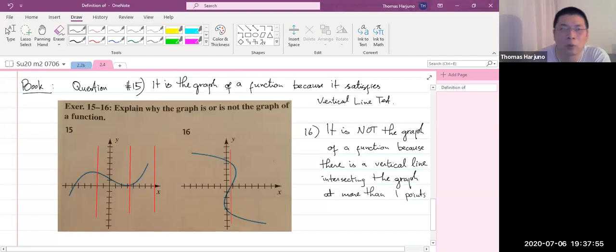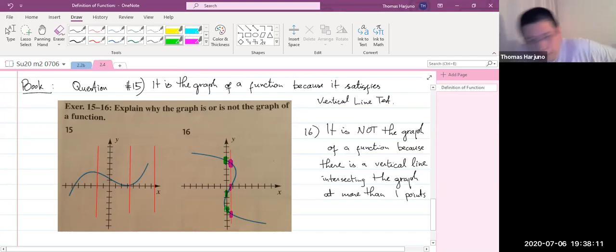In fact, what we have here, it intersects at 3 different places. Not to say that if you look at the y-intercept, it has 3 y-intercepts too, right? Then right away, it's not the graph of a function.